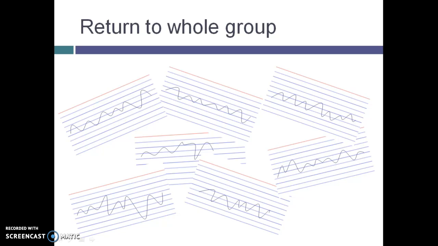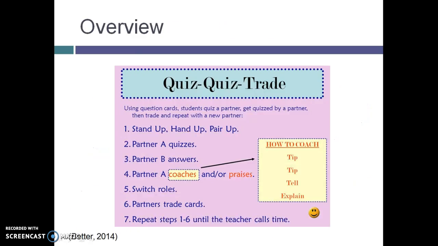So I like to review all of the cards at the end of the Kagan strategy to be sure that each student is having that exposure, mainly because this is typically done as a review, so I want to be sure that each student has a chance to view each card, the question, and the answer.